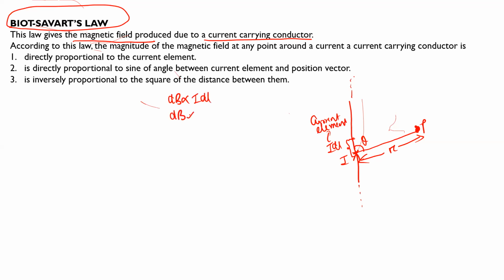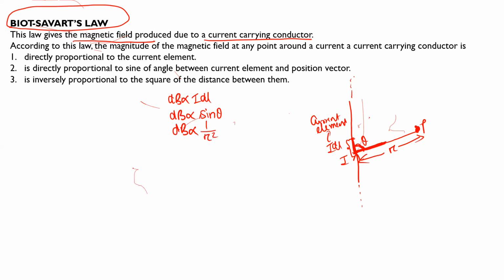Secondly, the law says that it is directly proportional to the sine of the angle between the position vector and the current element. This current element and this position vector have angle theta, so it will be directly proportional to sine theta. And thirdly, it is inversely proportional to the square of the position vector, meaning the distance between the conductor and the point where you need to calculate the magnetic field, so it is 1 by r square.